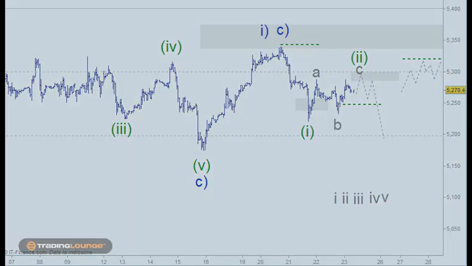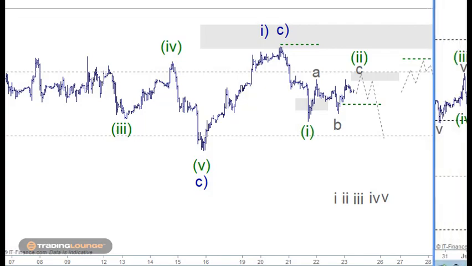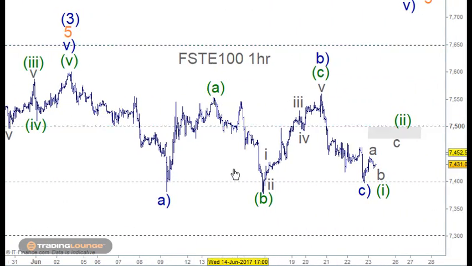And this is much the same for the UK market here as well. So with the UK market here, it's a corrective pattern going sideways here, and I can look at it in terms of wave A here, then an A wave and a B wave and a C wave for wave B, and then I can look at it down here as wave C being completed here.